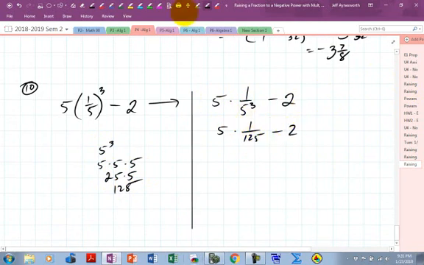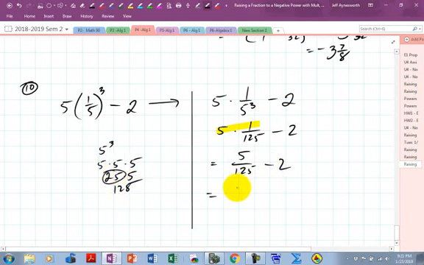Multiply the fractions. All right, and you get 5 divided by 125 minus 2. And that's a negative number. So you got to figure out what in the world is, well, actually, let's simplify first. Okay, now watch this. Both of these numbers are divisible by 5 because they end in 5. If we know that 5 times 25 is 125, then if you go backwards and divide 125 by 5, you should get 25.